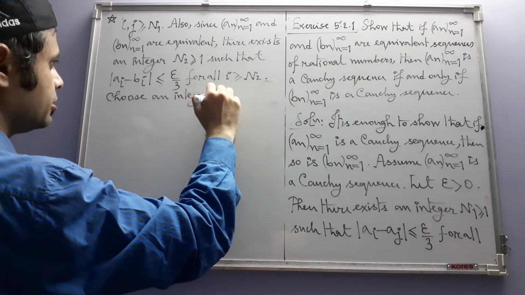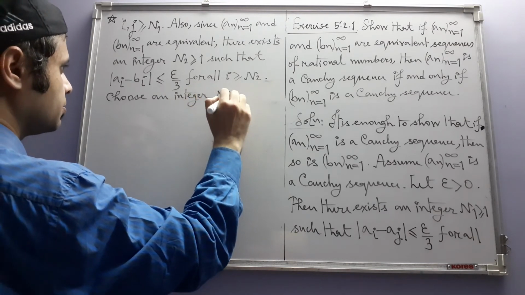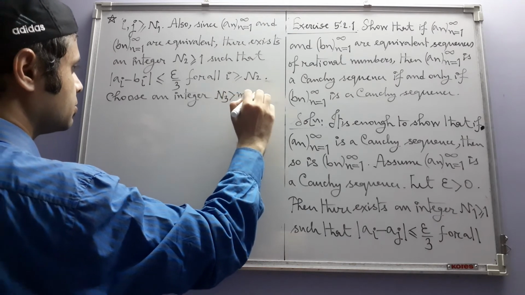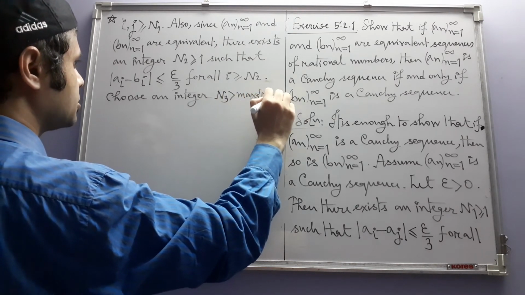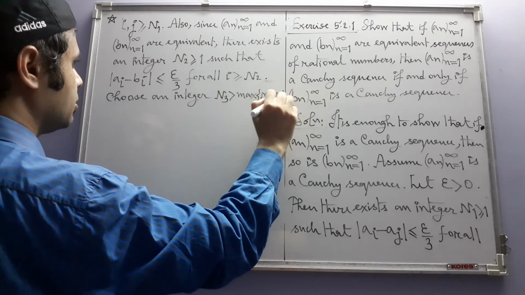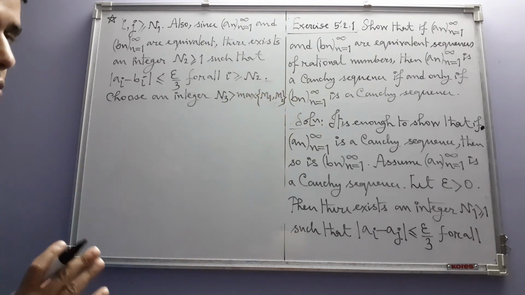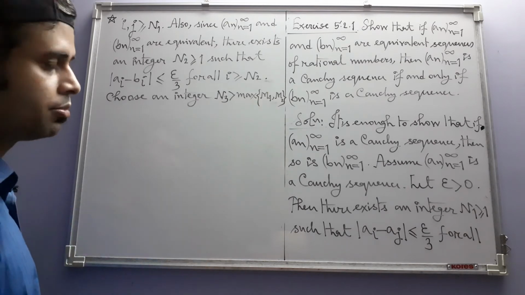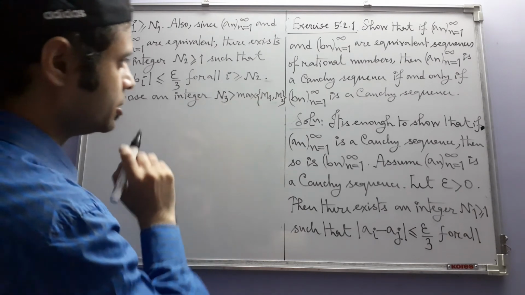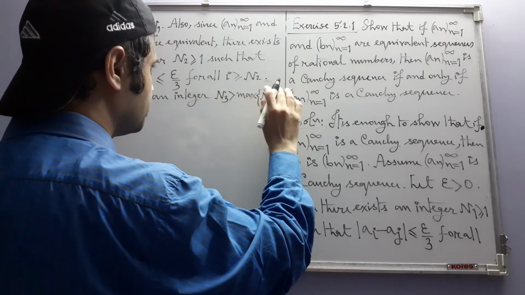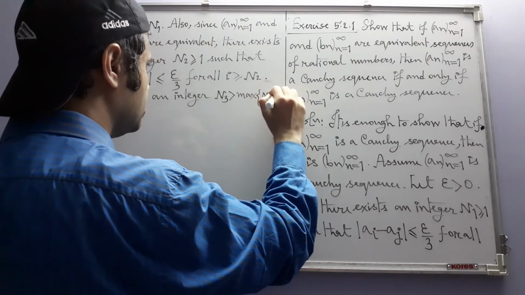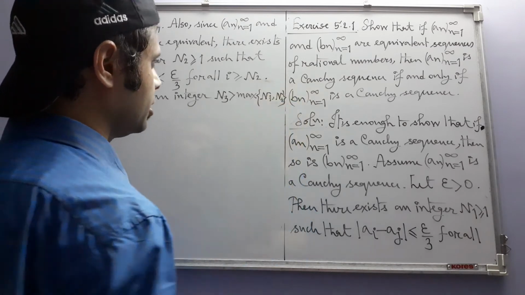Choose an integer n3 that is greater than the maximum of n1 and n2. Among n1 and n2, one will be maximum; n3 is greater than both n1 and n2.